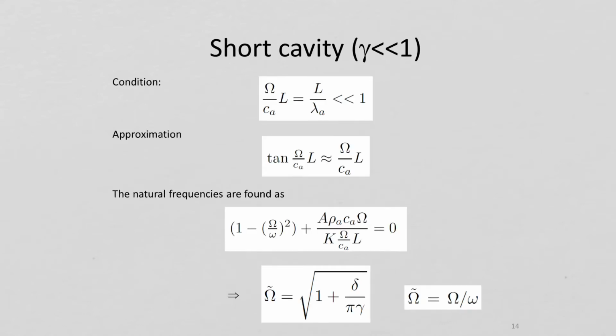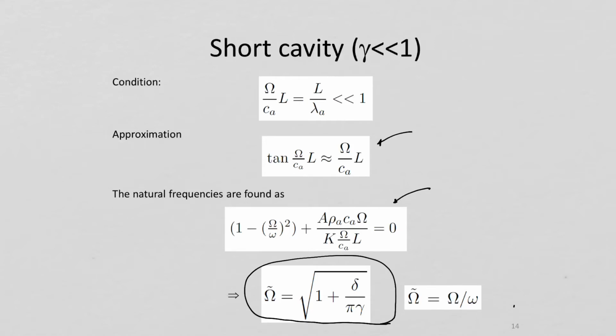If gamma is very small, then we can apply this approximation of the tangent function, and then we can turn our system into something that we can solve, because the natural frequencies are found from this system, which we can reduce to finding the non-dimensional natural frequencies using this very, very simple formula.